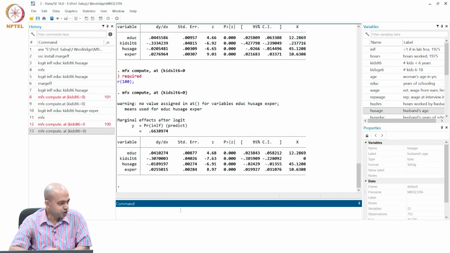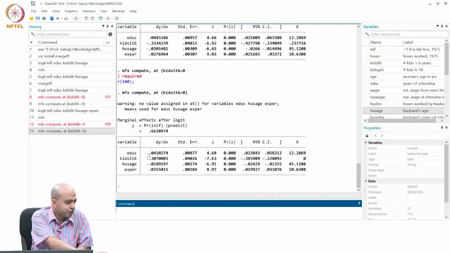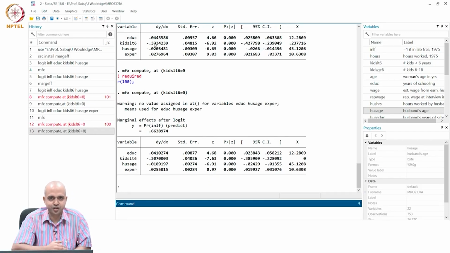So that means when you have 0 kids, as you get the first kid, the probability of labor force participation decreases by 0.30, but when you have the average number of kids, 0.23, it is 0.33. So that means a lower reduction in the probability when you get the first kid, and then it keeps on increasing.